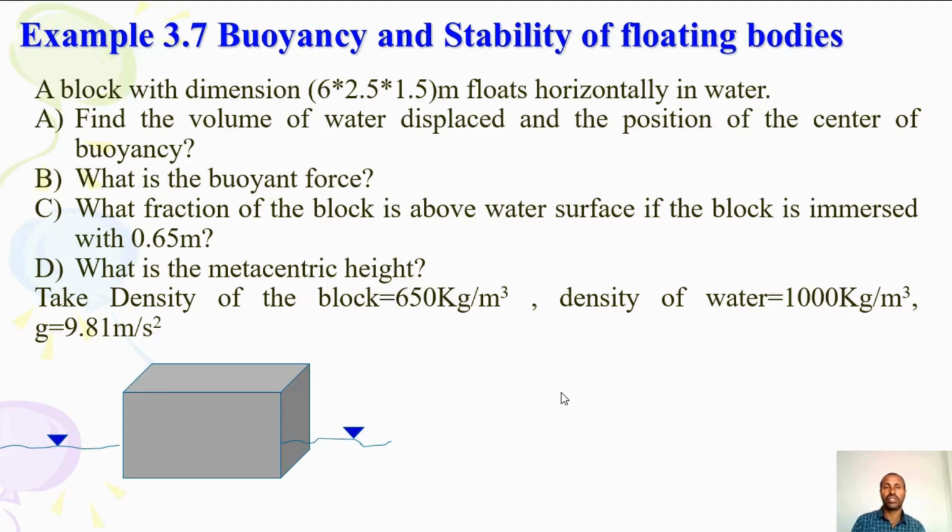Okay, let us see another example on buoyancy and stability of floating bodies with some metacentric height design. The design of floating bodies often requires the use of lightweight materials that offer a high degree of buoyancy, with low specific weight and density.